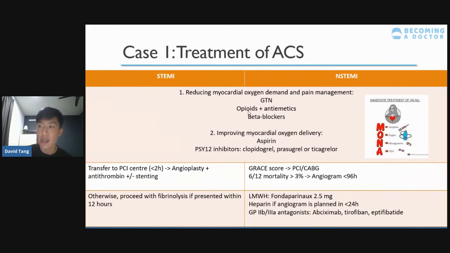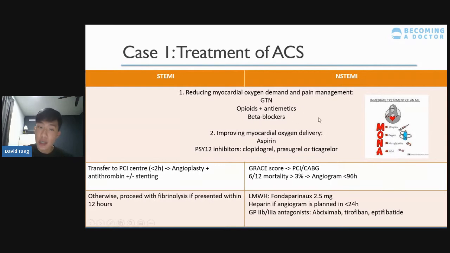The reason is that there are some postulated interactions of opioids with clopidogrel, hence reducing the antiplatelet activity. However, at the time of writing these presentation slides, because the evidence is not strong, we're going to continue to advocate for the use of opioids.